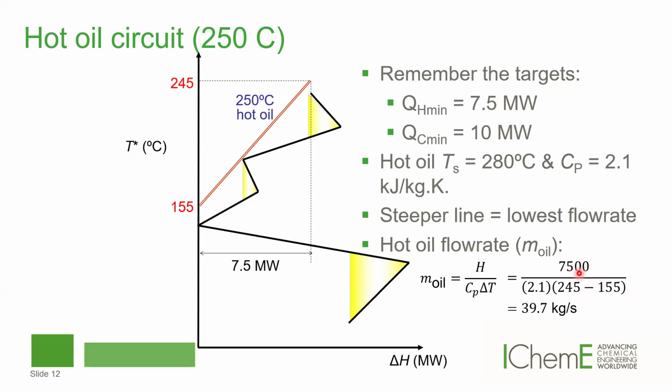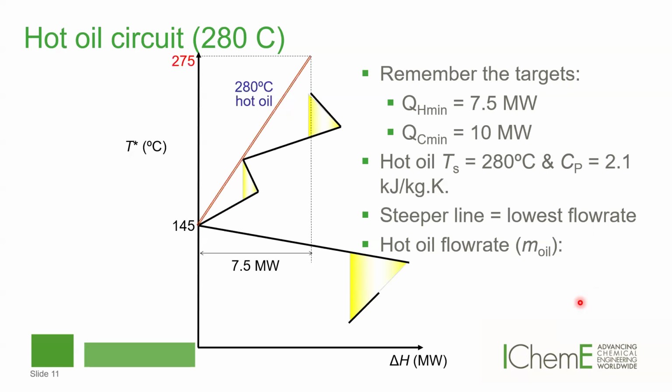And what do you notice? The flow rate of 39.7 kilograms per second is higher than the flow rate in the scenario where the temperature is 280 degrees.